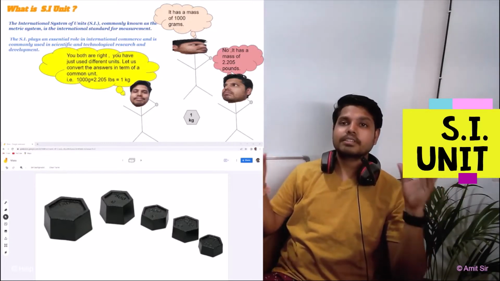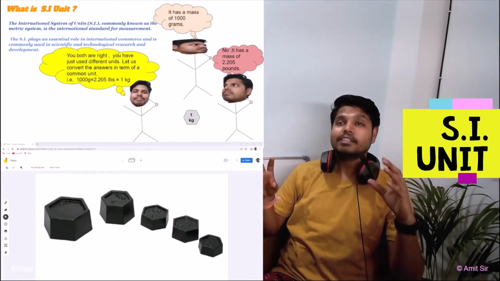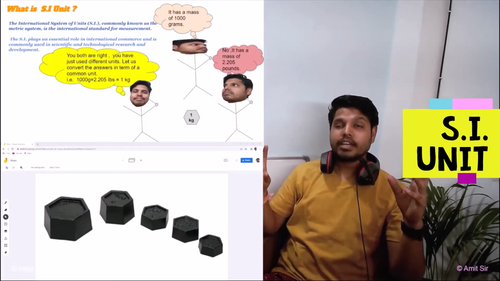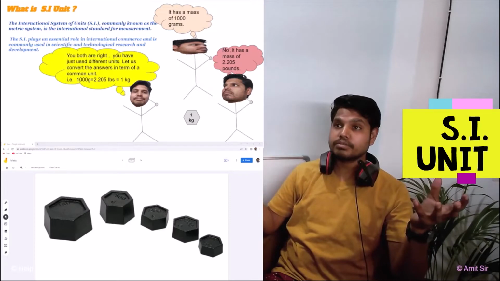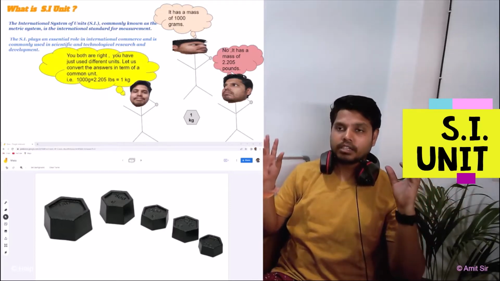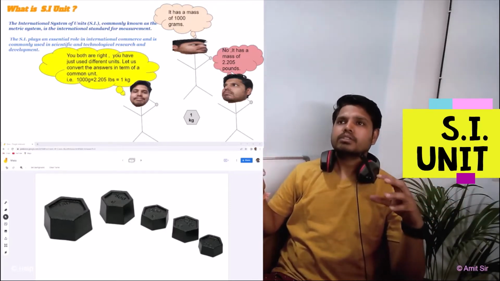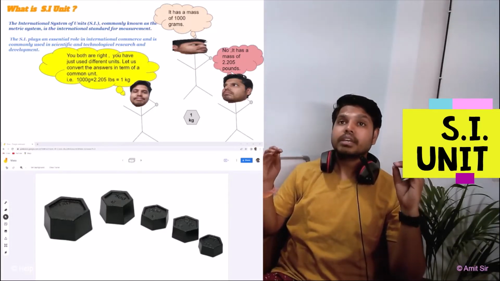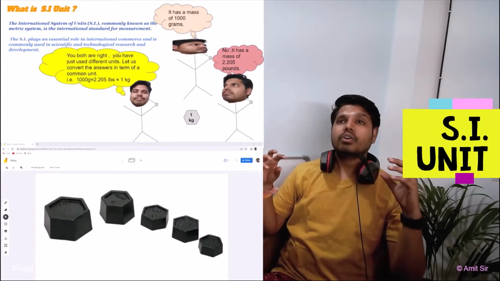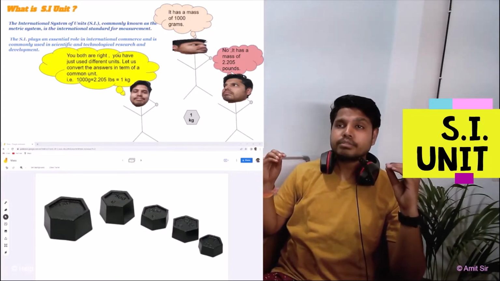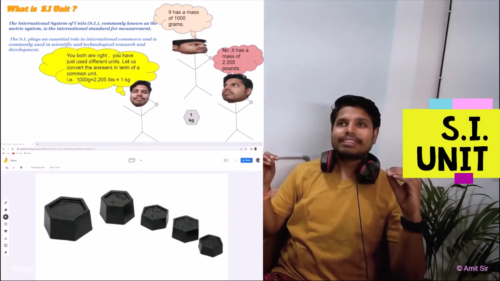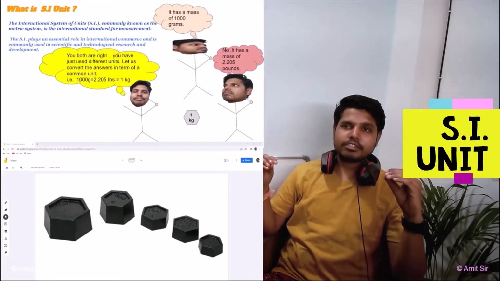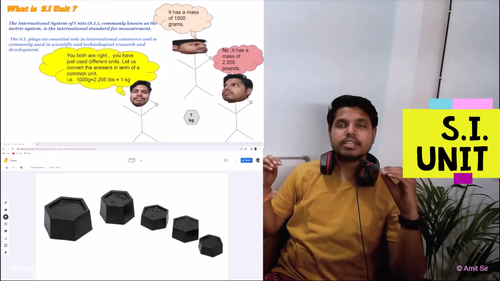So a third person interrupts and says that both of you are correct according to your own system of units, but in order to compare the observations or accuracy, we need to convert them into a third or common set of units. That is the International System of Units, that is SI units.